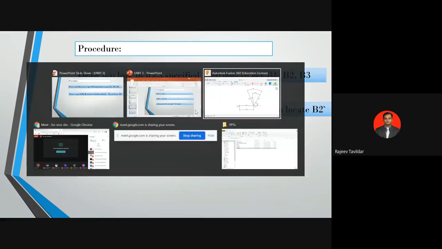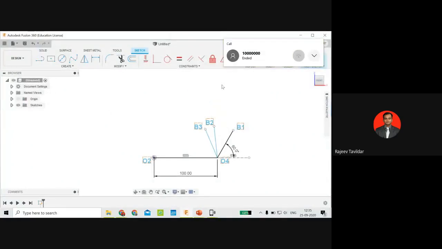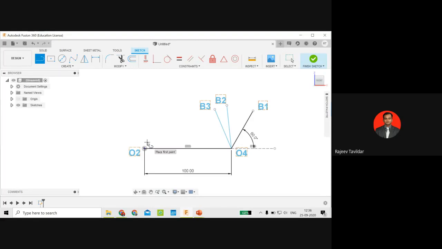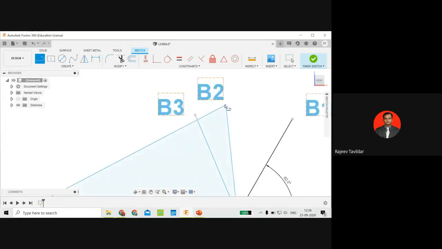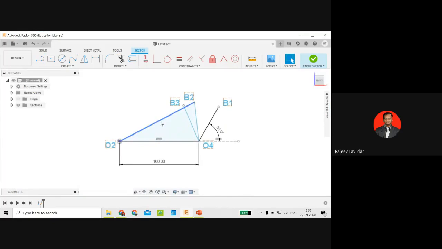Let us see, it is very simple, don't get confused here. Just for your understanding, I'll delete these angles. Okay, let us make it a very clean diagram here. So I'll just first draw a ray. First you listen to me, then you can draw it. I'm going to draw a ray O2B2.